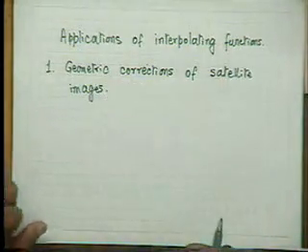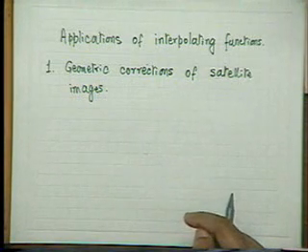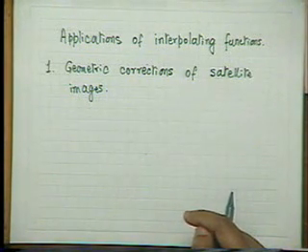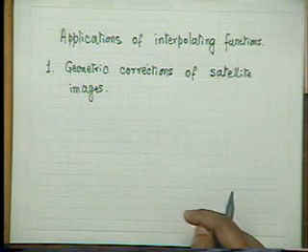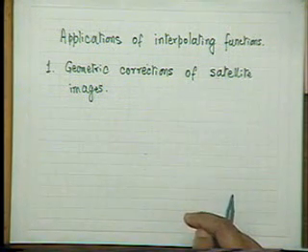Now apart from geometric corrections, many a times we need to compare or match images from different satellite sensors, and those images are actually taken at different resolutions. So maybe we have sensor 1, sensor 2 and sensor 3, and they have captured the images at different resolutions.